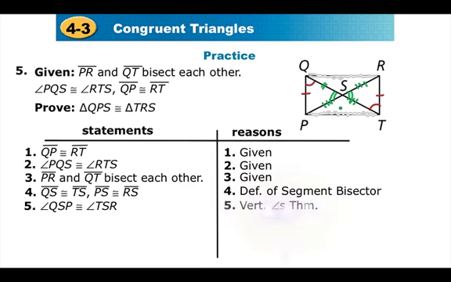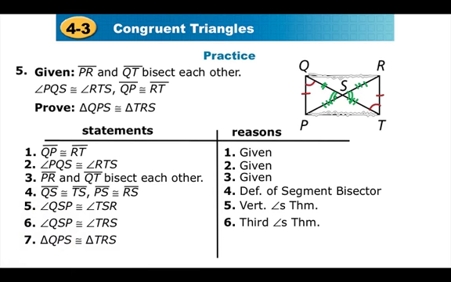The reason is the vertical angles theorem, or you can also say vertical angles are congruent. At this point, all I'm missing is angle P and angle R. These two angles are congruent by the third angle theorem. Then at this point, I have shown the corresponding parts of these triangles, angles and sides, are congruent. So I can say that these two triangles are congruent by definition of congruent triangles.